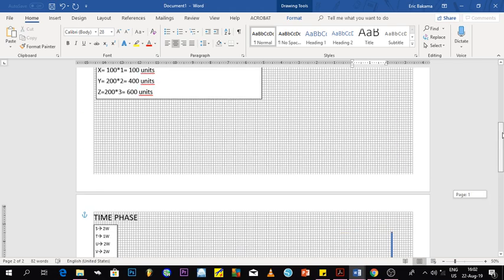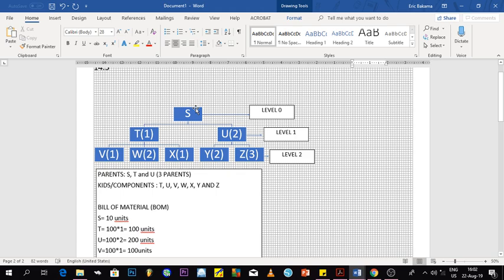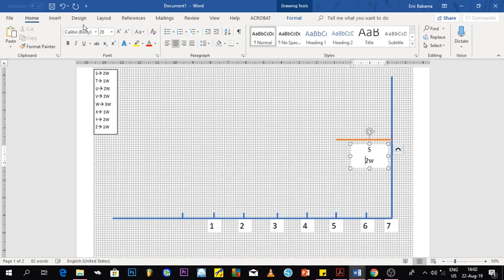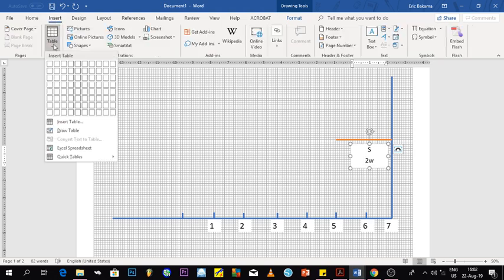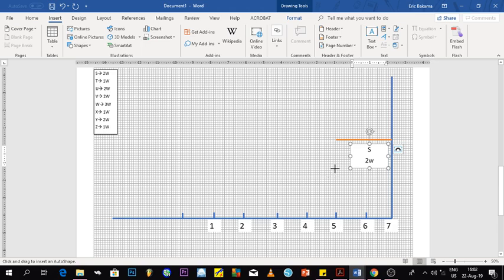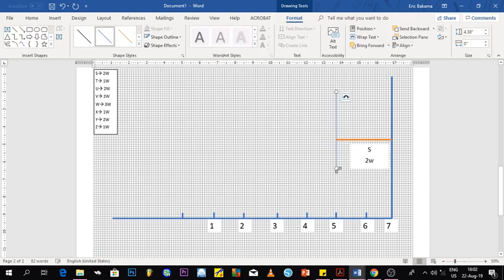Now based on our component here, we say that S is made of T and U. T is 1 week while U is 2 weeks. So what you will do from here is try to redraw what you have done, which is the product structure that we have drawn there. It has 2 components, and you are free to draw it with any measurement that you want, as long as everything fits inside.